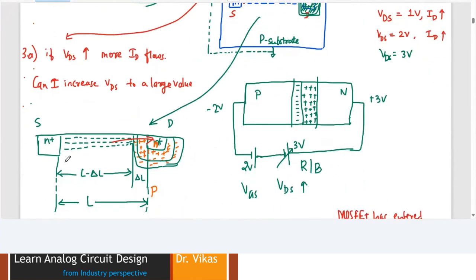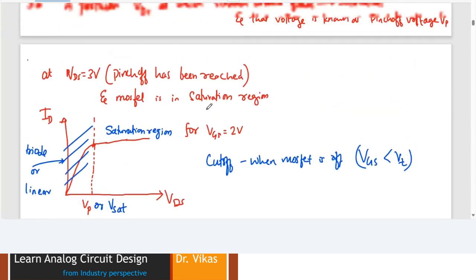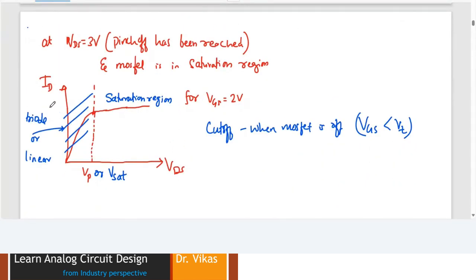It would reach a saturation point at a particular voltage of VDS known as the pinch off voltage, or I can say the saturation voltage. So this is the pinch off point or pinch off voltage, VSAT, the saturation point. The graph would look like this: VDS versus ID.